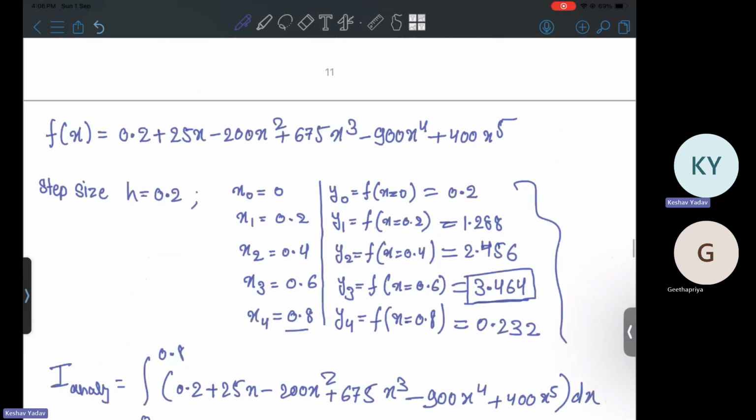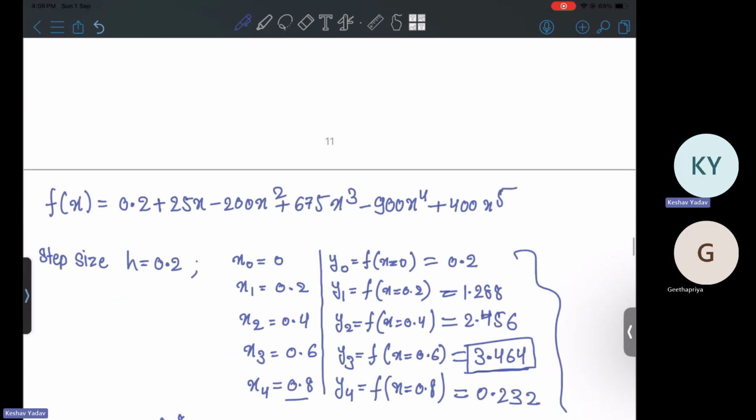In this expression, you put x as 0.6. If I want to find the error, it will be the modulus of I analytical minus I numerical, divided by I analytical.